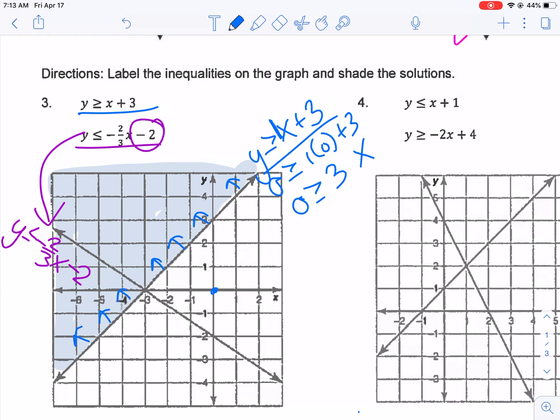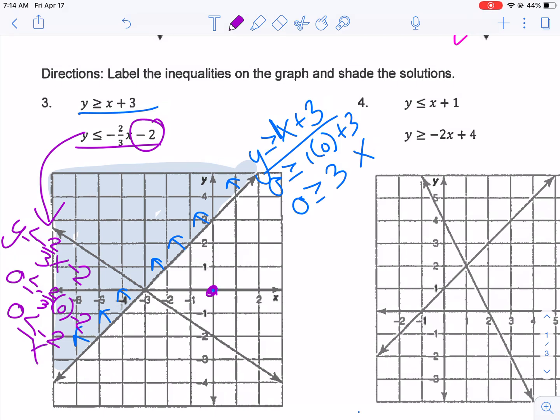All right, well now let's find the solutions for the other one. I can still use that point 0, 0. 0 is less than or equal to negative 2/3 times 0 minus 2. Is 0 less than or equal to negative 2? No, it's not.